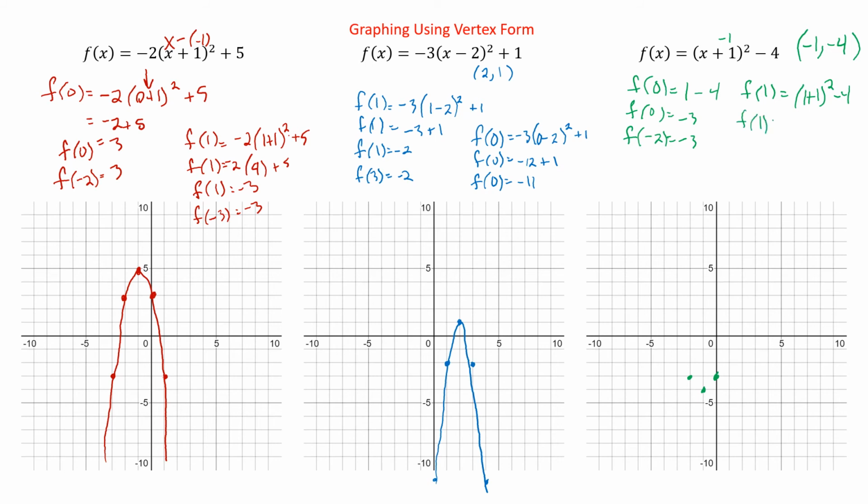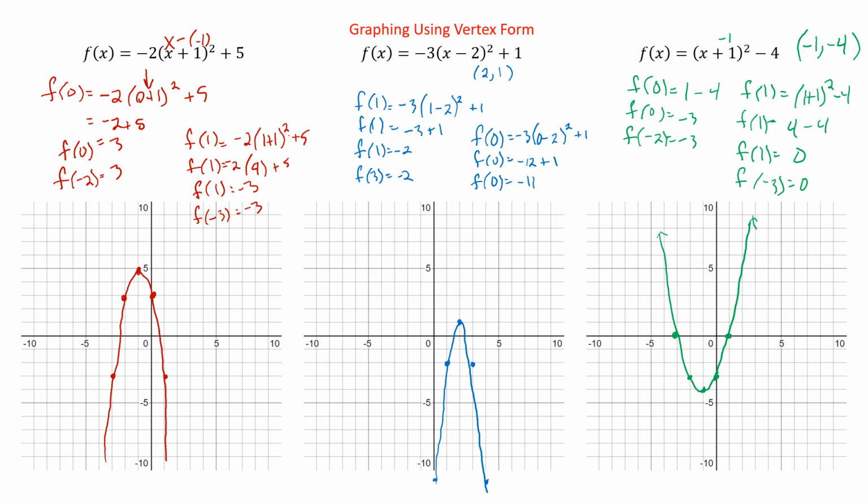Squared is 4 minus 4. So f of 1 equals 0. Which means that f of negative 3 also equals 0. And notice this one opens up because it's a positive value there.